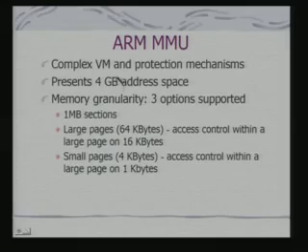So, if you go back to ARM and recap what we had talked about, the ARM MMU actually provides for this. So, what does the OS do? It has the code for running the different functions that the MMU offers. If you remember, the ARM MMU can manage a 4 GB address space depending on the size of the address bus, and memory granularity has 3 options: 1 MB sections, large pages, small pages.